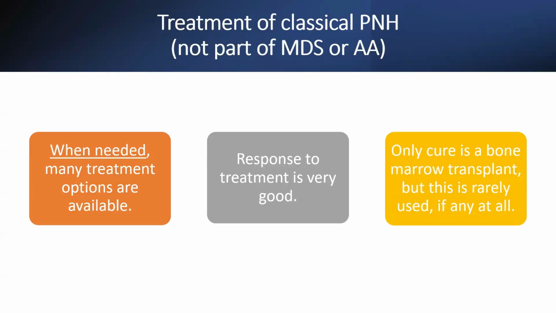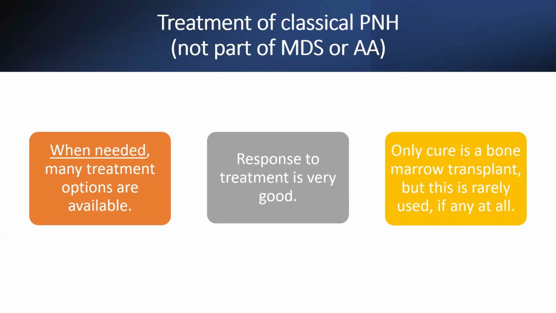So we've come a long way with how we've improved outcome in PNH. All the treatment that's available right now does not cure you of PNH. It does a good job turning around what we know is the problem with PNH. The only cure for PNH is a bone marrow transplant, right?